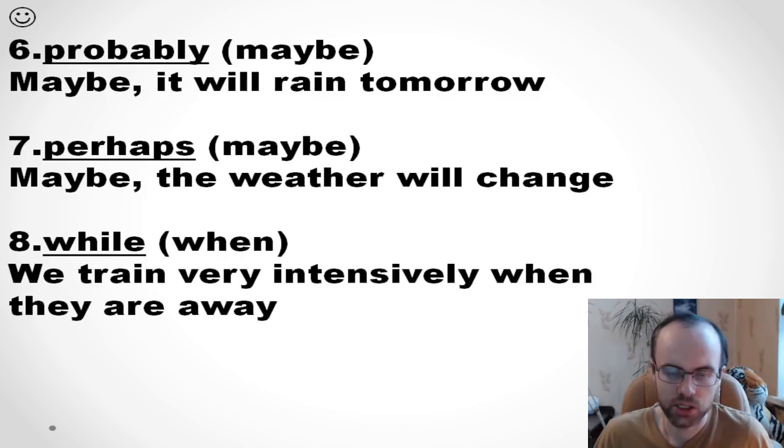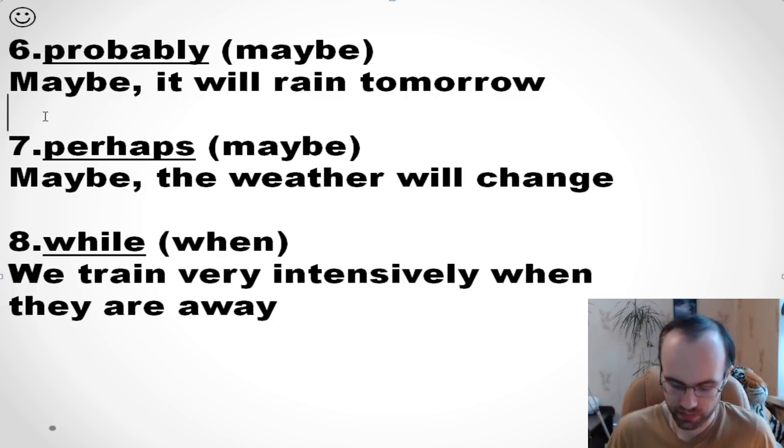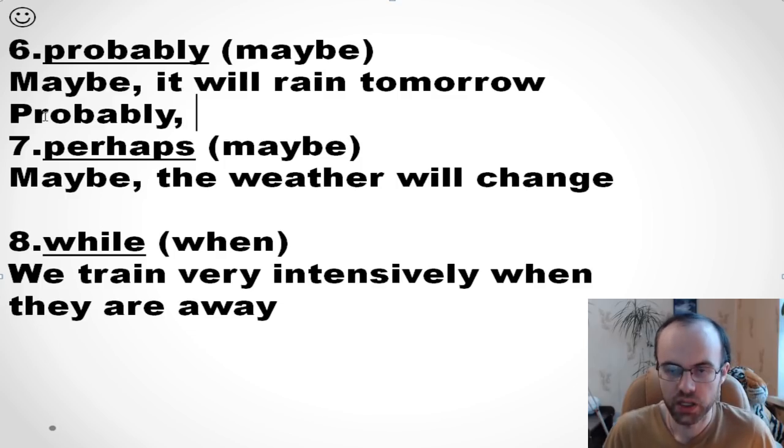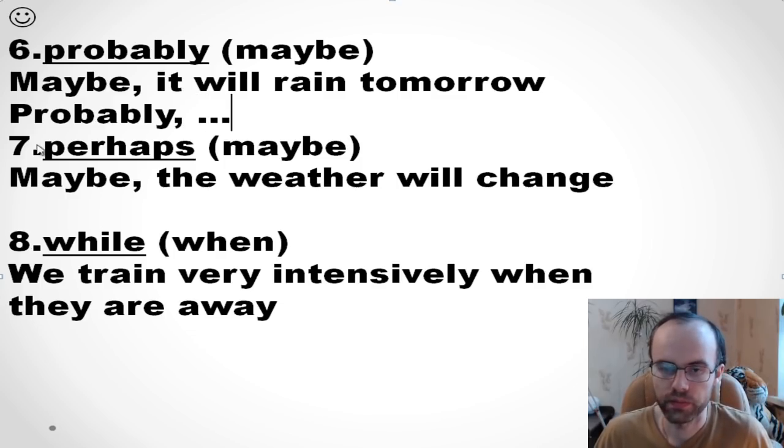Next. Probably means maybe. And you know that we mostly use future simple. Look, maybe it will rain tomorrow. How will you say it using probably? Probably it will rain tomorrow. Perhaps.